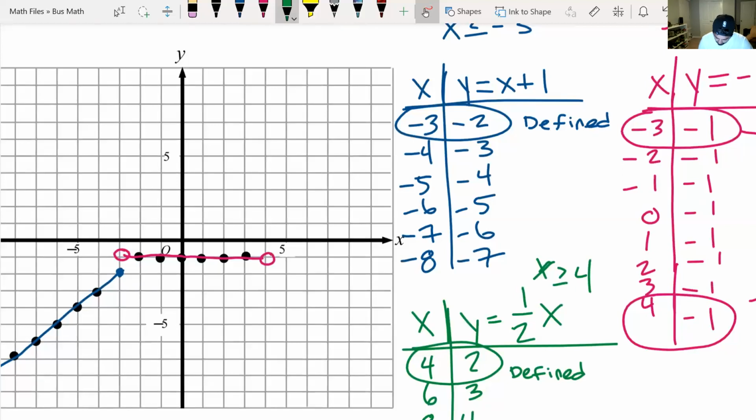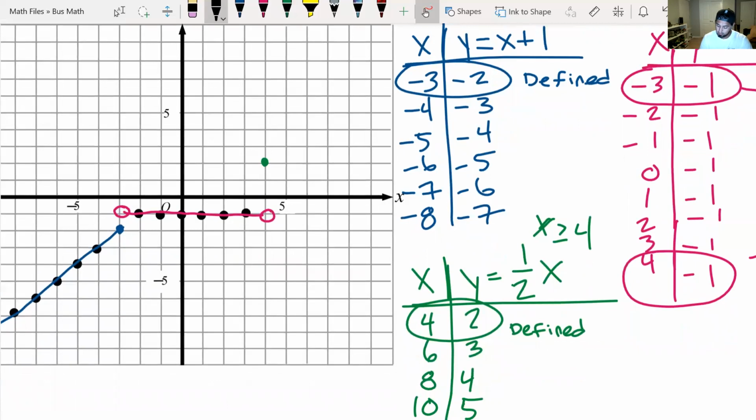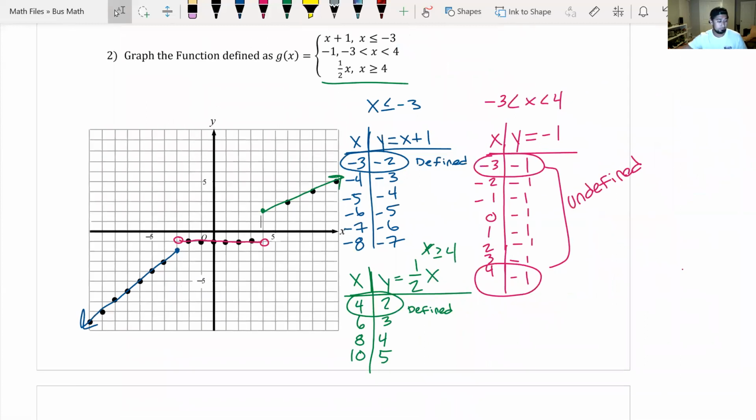And then we'll just graph the rest of it. 6, 3, 8, 4, and then 10, 5. And there it is. Not bad.